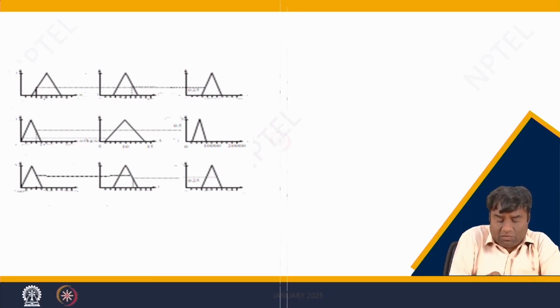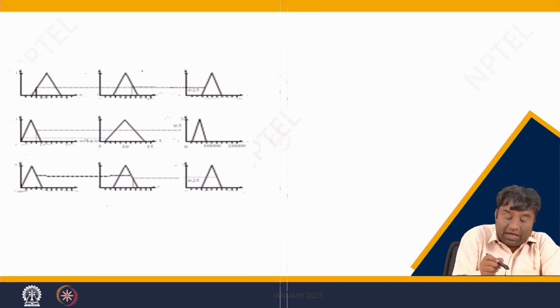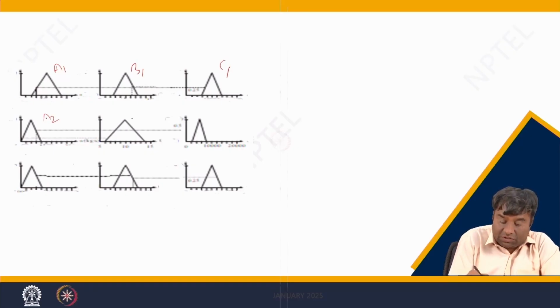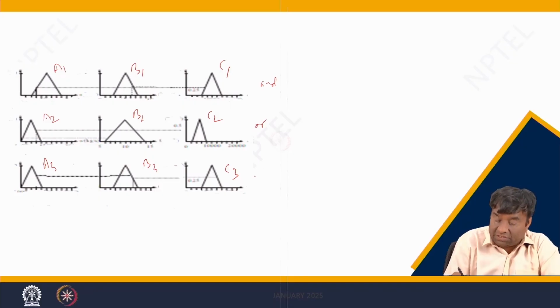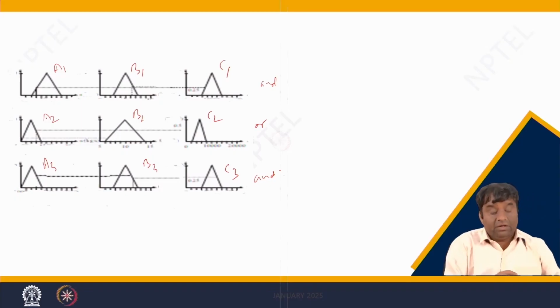So there will be some value. There also we get membership values from the equations of these. So here we assume this fuzzy set as A1, this is B1, this is C1, this is A2, this is B2, this is C2, this is A3, this is B3, this is C3. This is connected with and, this is connected with or, so we'll take the maximum value, and this is again connected with and. So assume some values here.